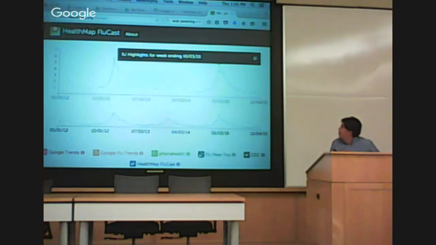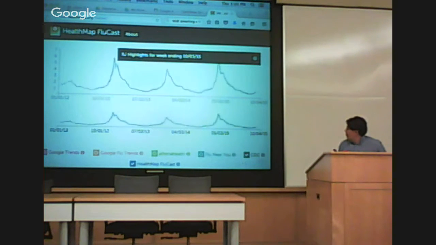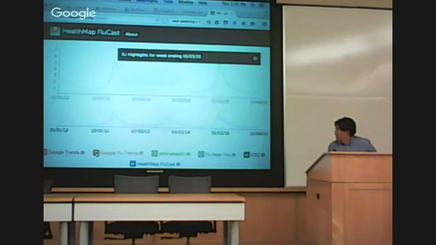So if I leave only these two, you see that this is the CDC, the black line, and these are our predictions in the website. They're pretty well in line, right? Now, I have this bad taste to keep banging on Google Flu Trends because they no longer exist.